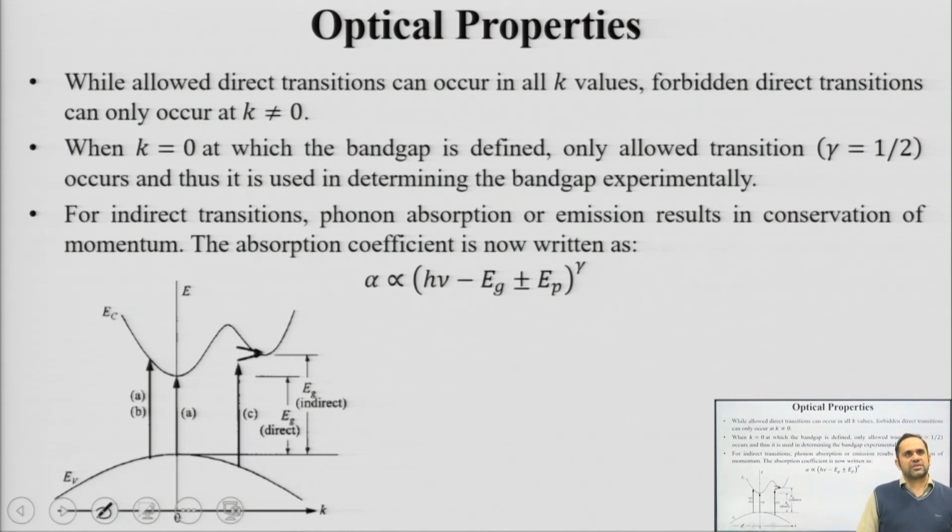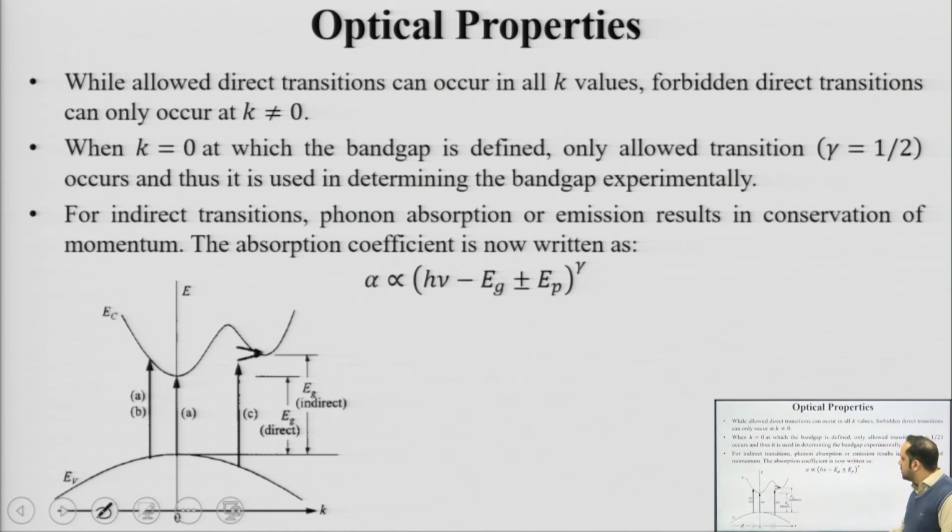Forbidden direct transition can only occur when k is not equal to 0. So, these are generally your excited charge carriers with non-zero values of momentum. When k is 0, in your E-k diagram, the center point, the band gap is defined at this point. The only allowed transition occurs and it is used for measuring the energy band gap.